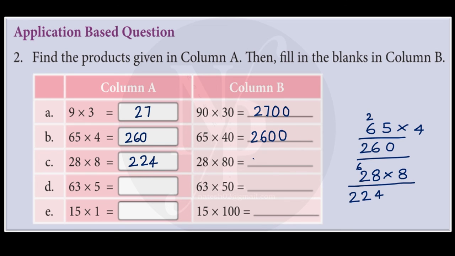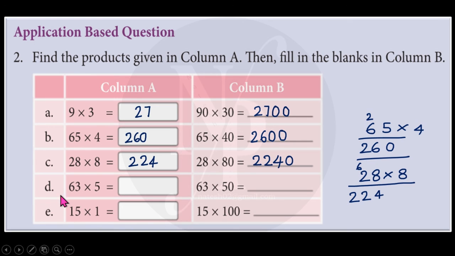Here also 224, and when we look at the number of zeros, we have 1 zero with 8 here. Let us write that 0 to the right of this answer. Now the product becomes 2240. Therefore, the product of 28 and 80 is 2240.